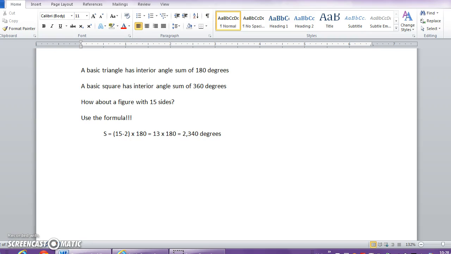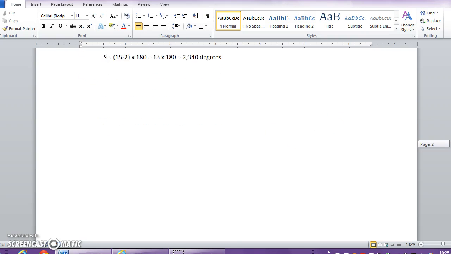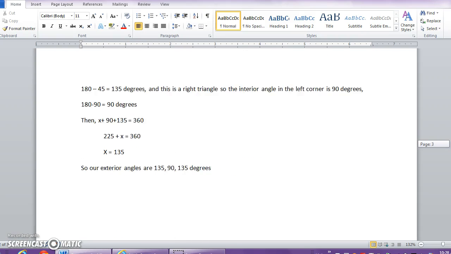A square has the interior angle sum of 360 degrees, but how about a figure with 15 sides? We simply use the formula and find that in a 15-sided polygon, the sum of the interior angles is 2,340 degrees. It's a lot.